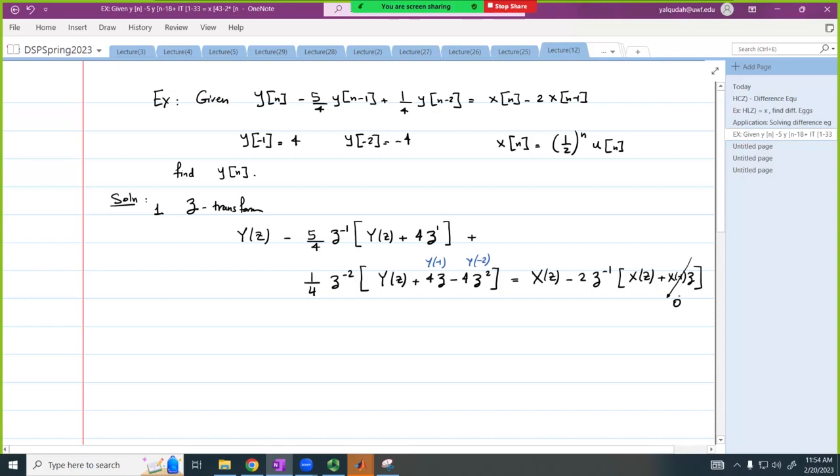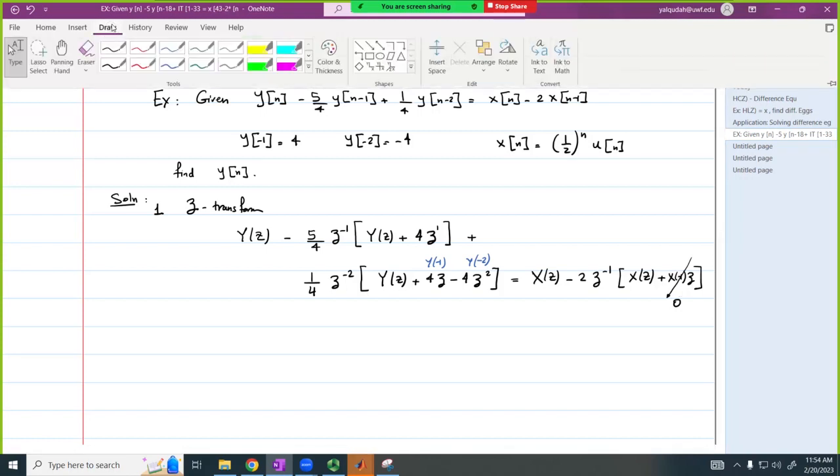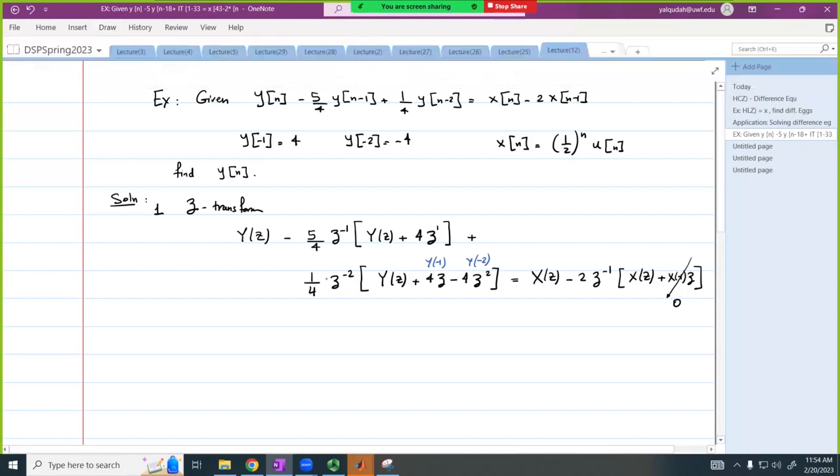Okay. So what is this term that we calculated here? It's the z transform of y of n minus 2. It looks complicated, but let's see what it really is.